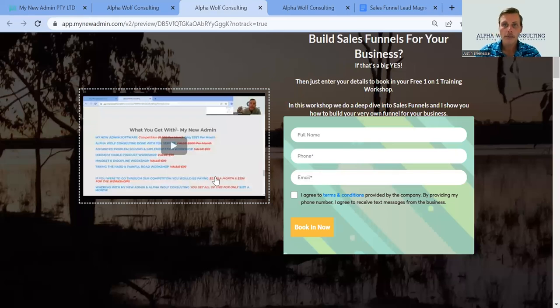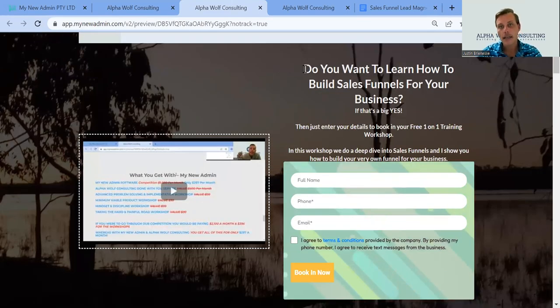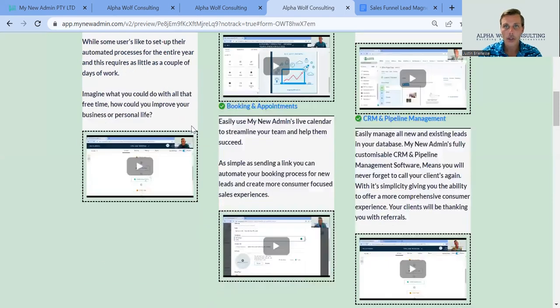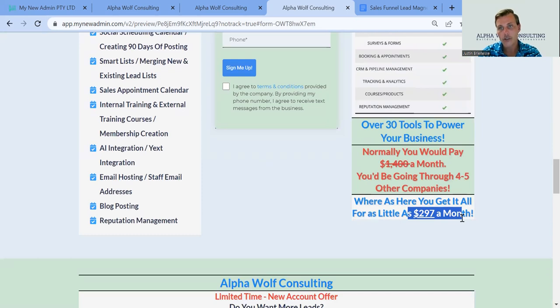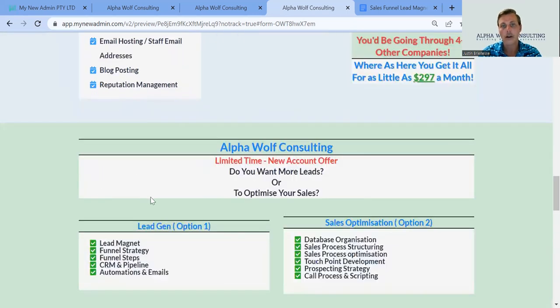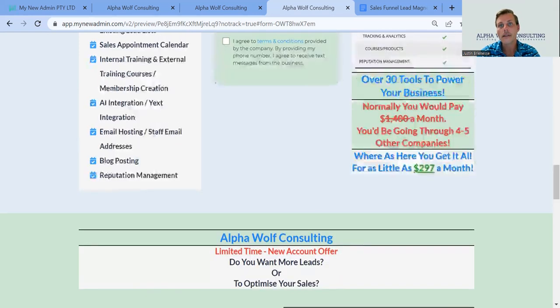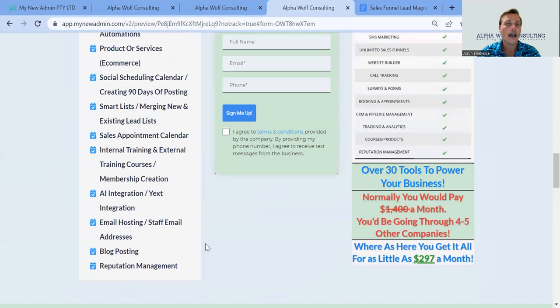On the meeting booking, I have to make sure that the meeting has enough value that someone wants to show. On the sales page, I have to make sure that the ask of $297 a month is less than the offer of the setup. So, for example, lead generation and sales optimization, anywhere from $4,000 to $8,000 a month is the value of those. Setting up the account, generally about $2,000 to $4,000 is what you'd be looking at.